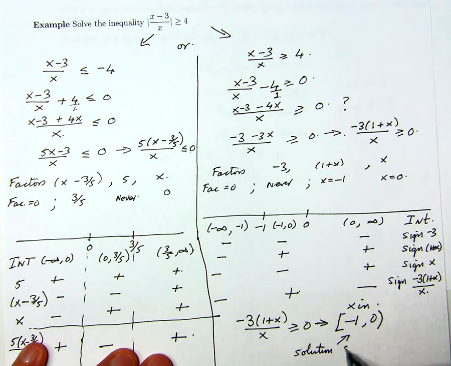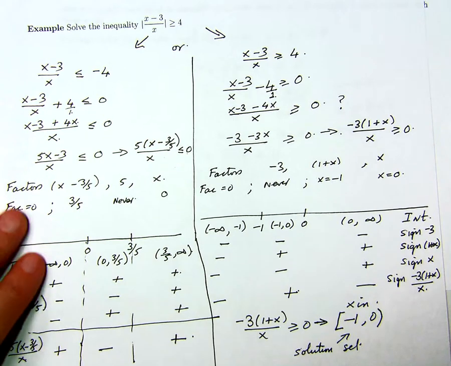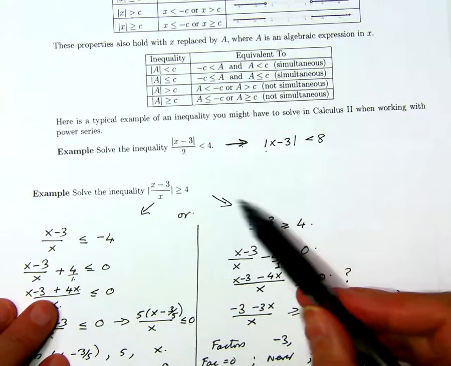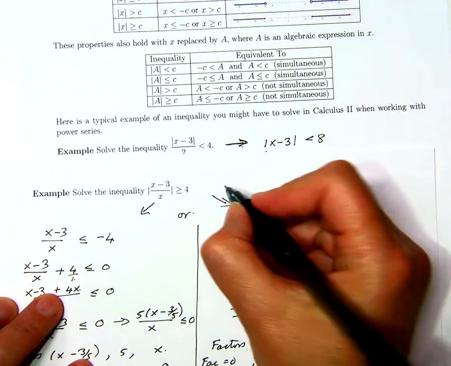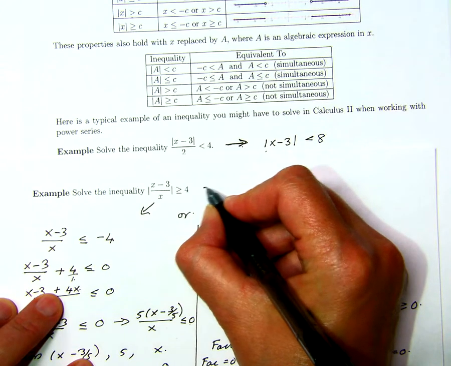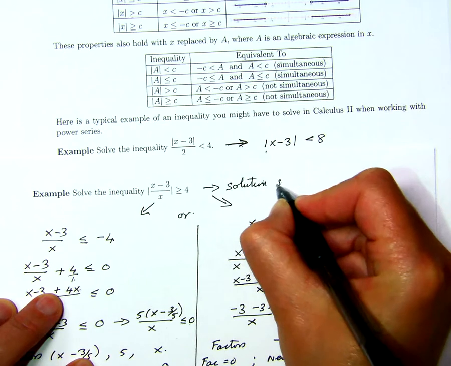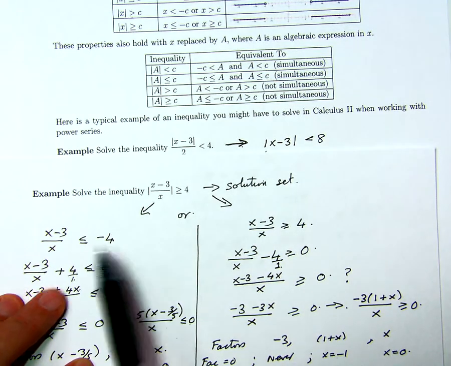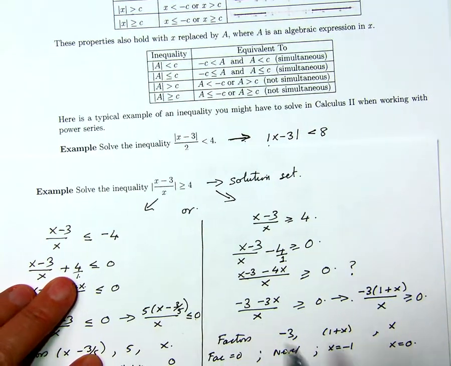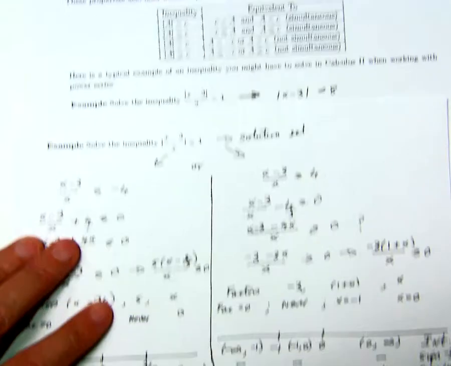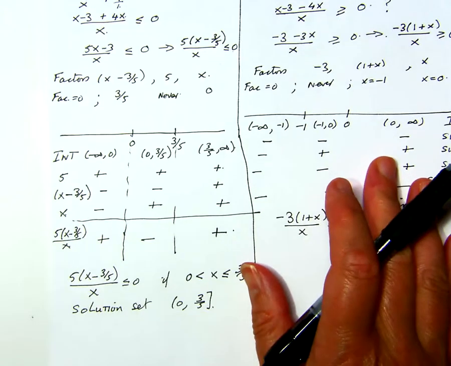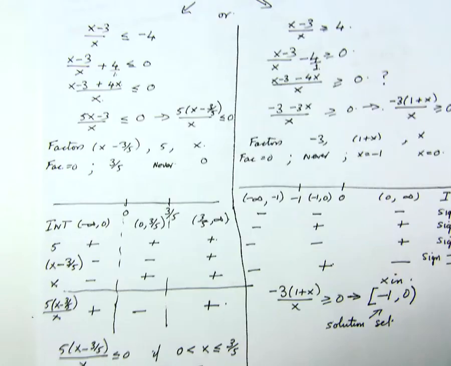Okay, so that's my solution set to this inequality. And now recall that the solution set to this inequality is the union of the solution sets to these two inequalities below. So the solution set to the one on the left we figured out was everything from 0 to 3 over 5.